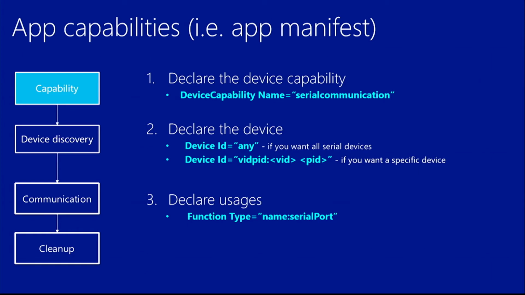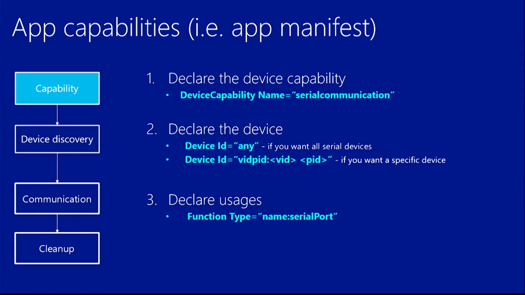For serial devices, there are two types of device IDs you can use. One is a device ID of any, which implies you are interested in finding any and all serial devices. Alternately, you could specify a device ID with a USB VID and a PID for a USB serial device like the Arduino we just demoed.